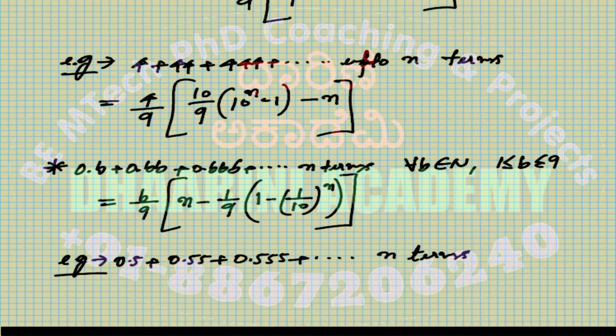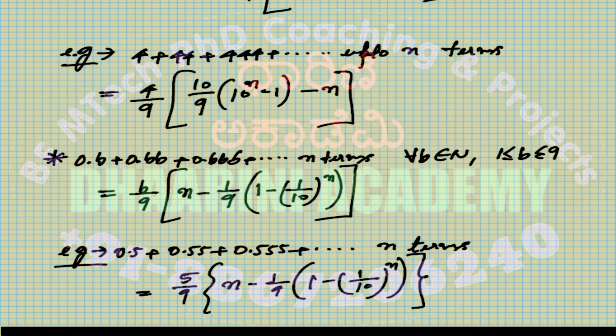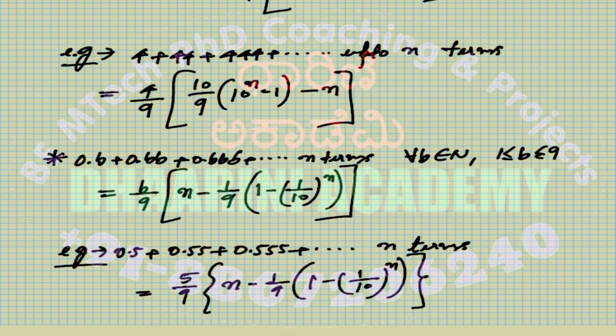If you want to calculate the n terms, then this can be written as equal to 5 divided by 9 into n minus 1 by 9, 1 minus 1 by 10 to the n. Simply substitute the n value. If I want 10 terms, put 10 over there, and you will get the answer straightforward.